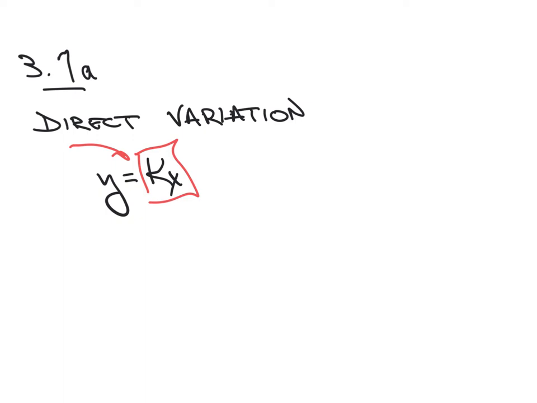And for the most part, when we're doing these problems, the book will say y varies directly with the variable x. That means that we're going to multiply x times k, and that will give us y.